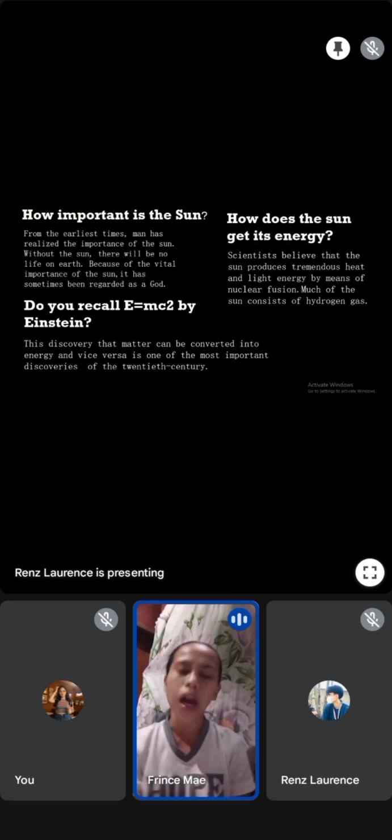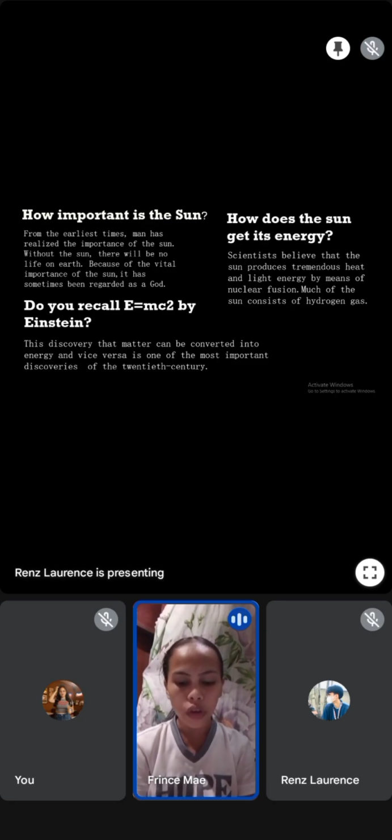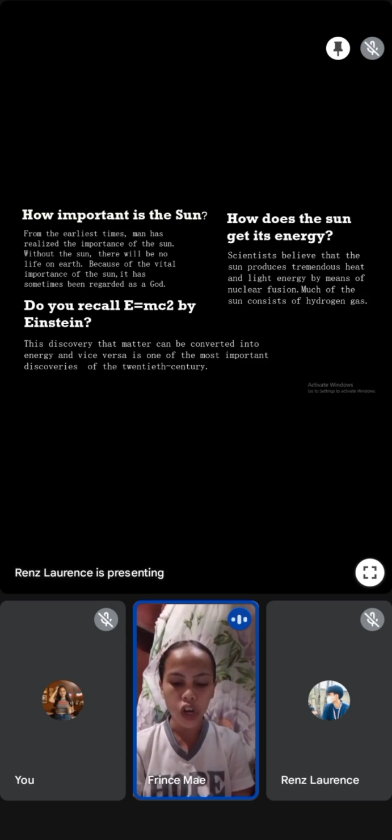So the sun is very important, class, especially for our life on earth, because it provides the light and heat necessary for plants to grow, which forms the base of most of our food chain. The sun also drives our weather patterns and ocean currents. Without the sun, earth would be a cold, dark, lifeless planet.